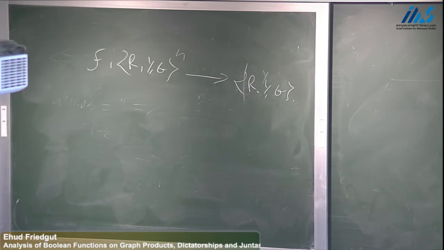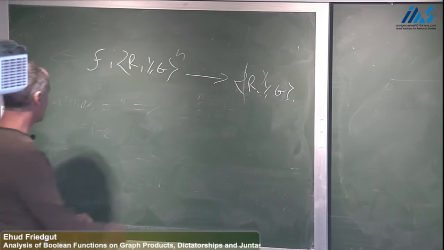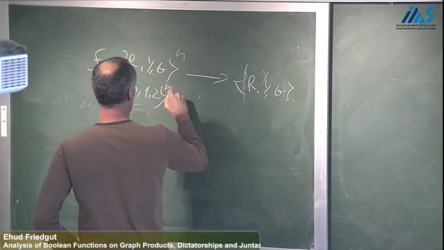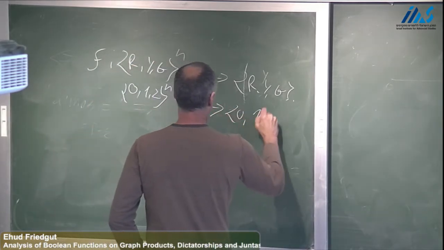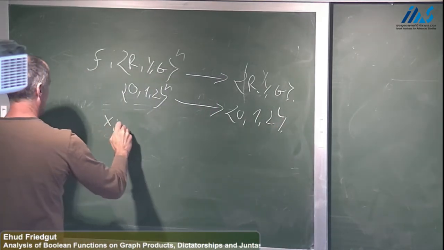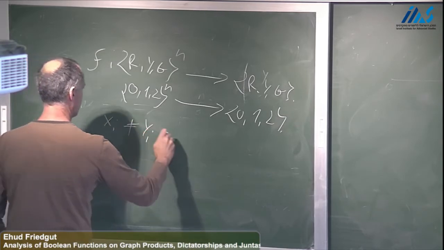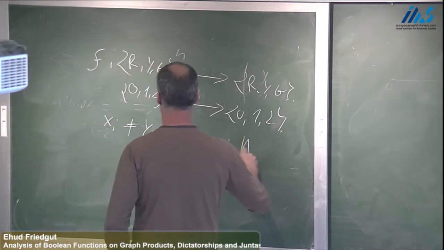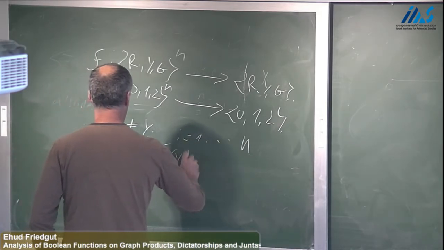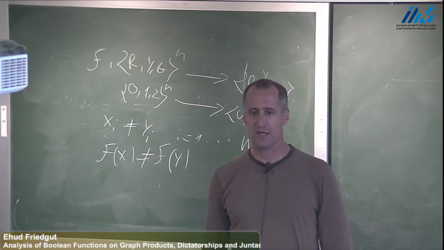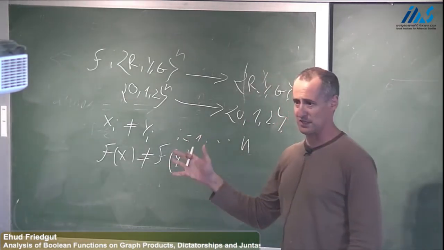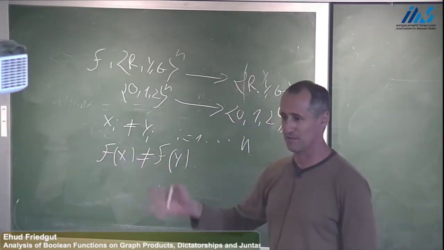Could you state once more: you have a function from {0,1,2}^n to {0,1,2}, and it has the property that if x_i is different from y_i for i equals 1 up to n, then f(x) is different from f(y). And the claim is, show that f really depends on a single coordinate. All f does is look at a single switch, and it takes a permutation of it.